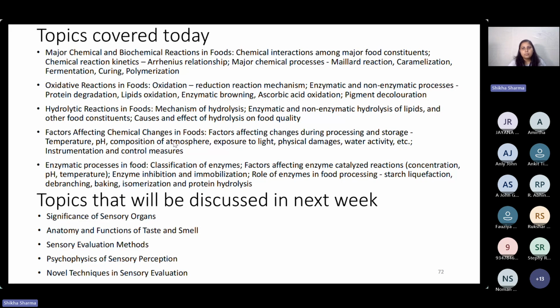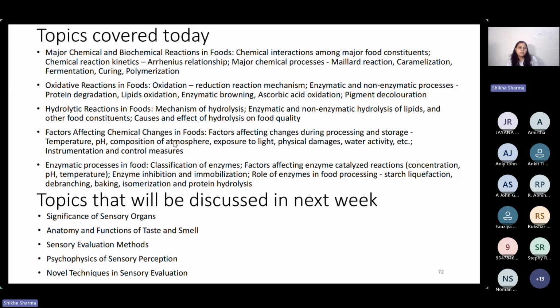Then we discussed different parameters like temperature, pH, MAP, light, and water activity, and how they affect the food. Then we discussed the concentration, pH, and temperature of enzymes, which affect the different biochemical reactions. And at the end, we discussed the starch debranching process.